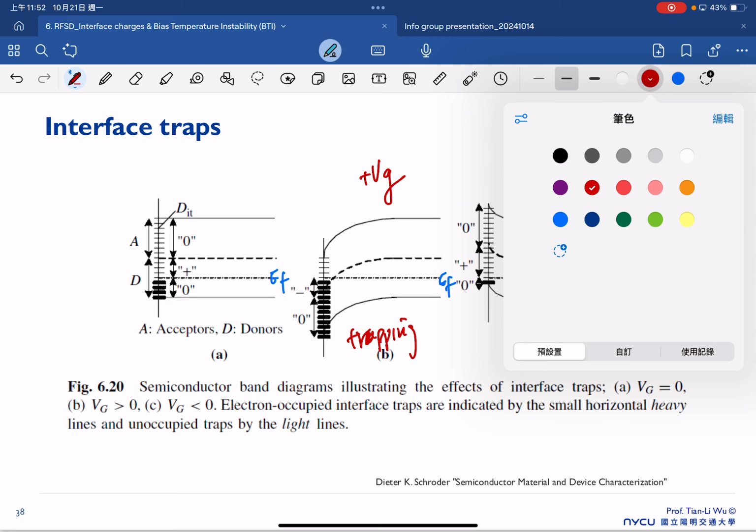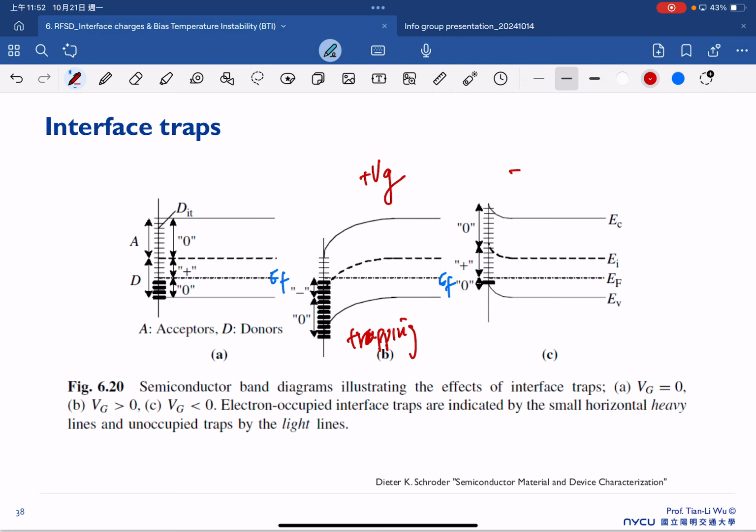Also, we consider the negative bias here. So now our EF is here. With the negative bias, there is only one state below EF, and the rest are empty now. So that's why this is detrapping.